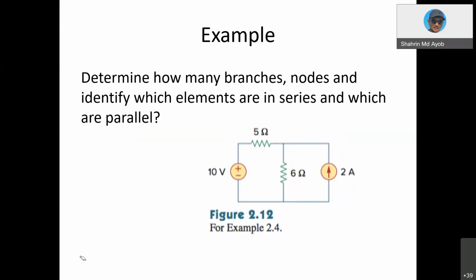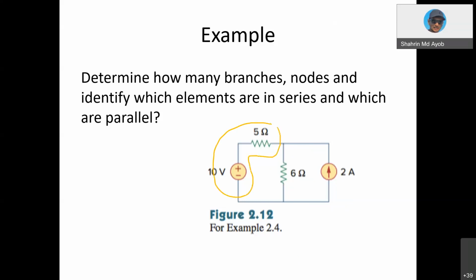Which elements are in series? Series is actually when the elements share one loop, one node. Which resistors are in series right now? This one, okay?